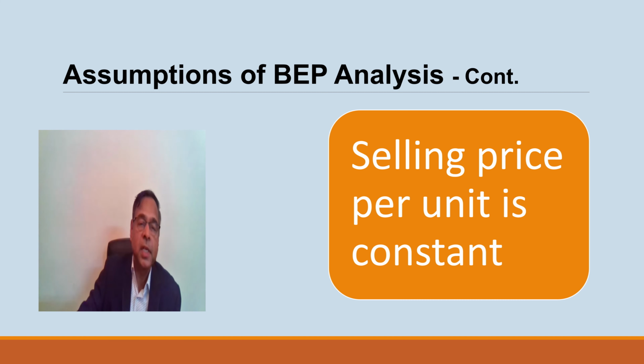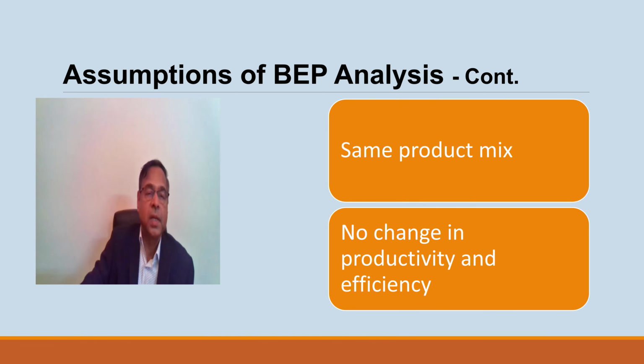It ignores the practice of reducing the selling price on bulk and wholesale orders. The break-even point analysis assumes that the company maintains the same product mix. Another important assumption of break-even point analysis is that other factors such as efficiency, productivity, and technologies will not change.